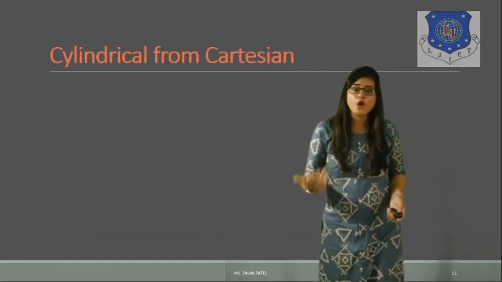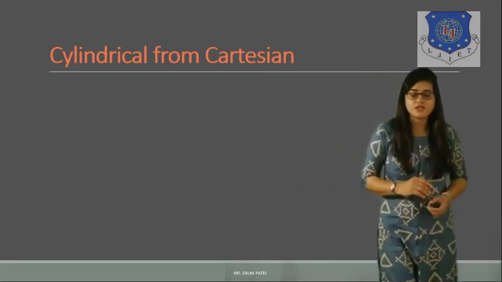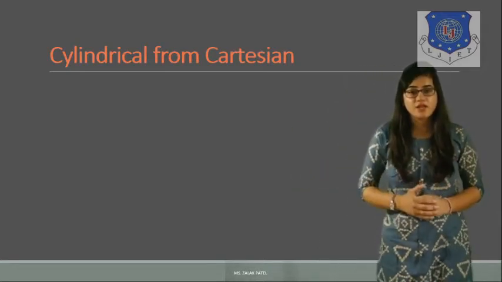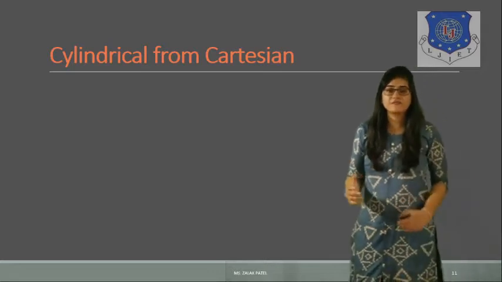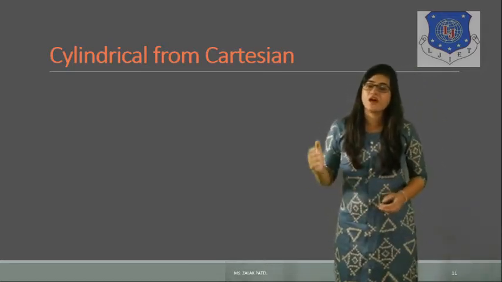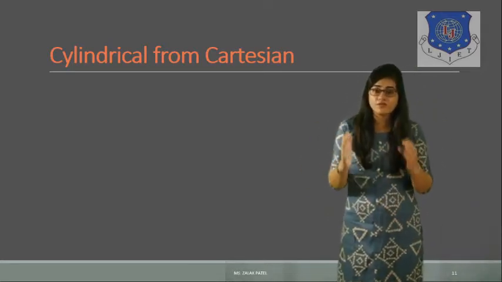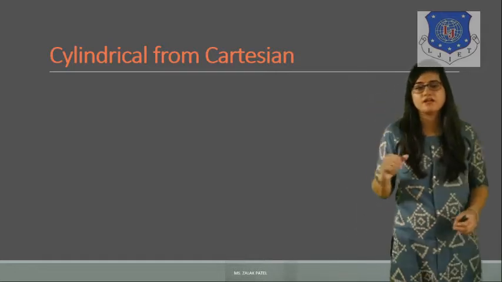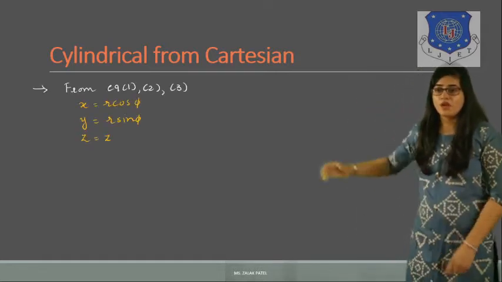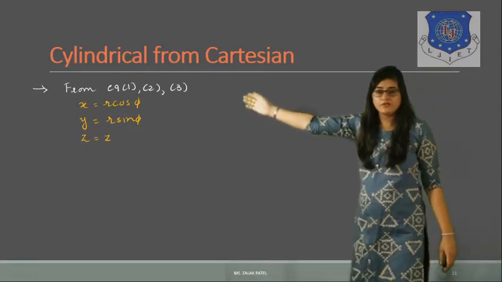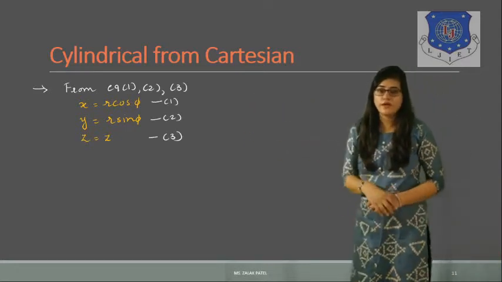Now if we reverse the process, if we want cylindrical from the Cartesian system, we already have the equations x equal to r cos phi, y equal to r sin phi, and z equal to z. Now if we want the equations for r, phi and z, what will we do? We have equations 1, 2 and 3.